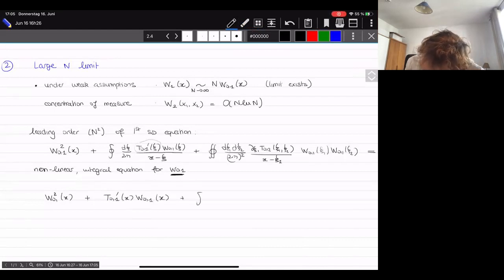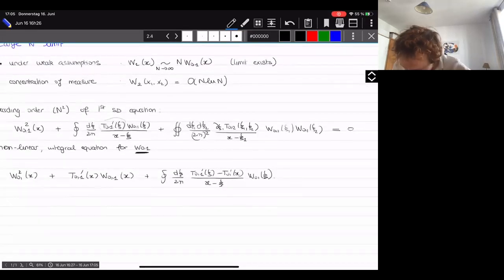But then, of course, I had to add the contour term. So what do I see here? X minus xi, W01 xi.